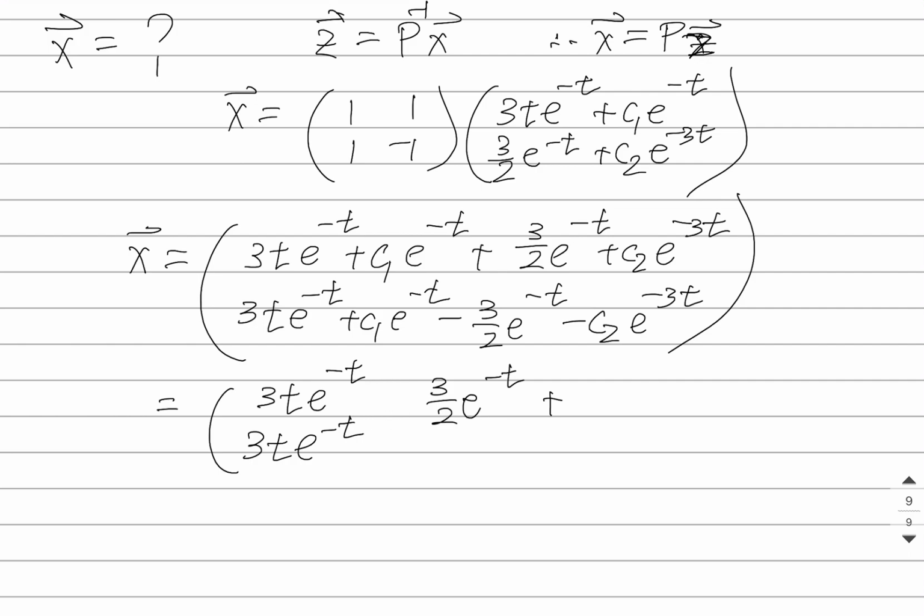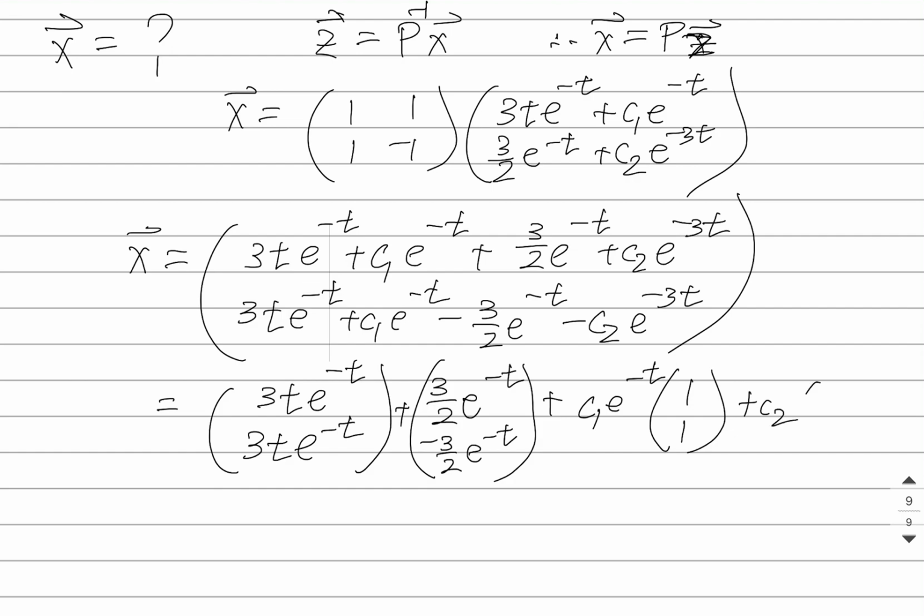So I'm going to break this up into several vectors. 3t e to the minus t appears in both terms. I'll have a negative 3 halves e to the minus t on the bottom, but a positive on the top. I'll have a c1 e to the minus t times 1, 1, and a c2 times 1, negative 1 e to the minus 3t.